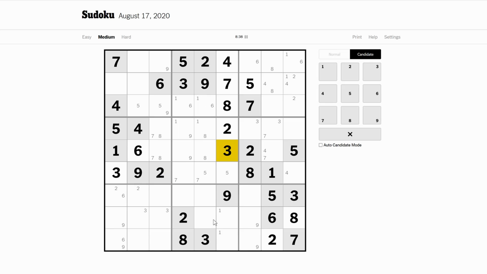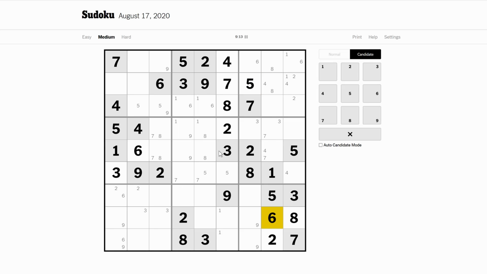Let's hope it's not another one that requires me to figure out naked pairs or triples by doing all the candidates, because I don't like doing that, but I'll probably have to bite the bullet and do that just for the sake of time, because we are looking a bit desperate now.